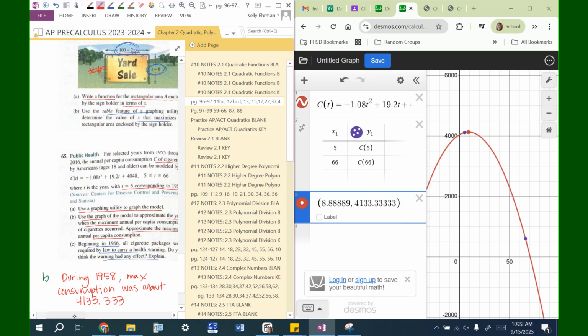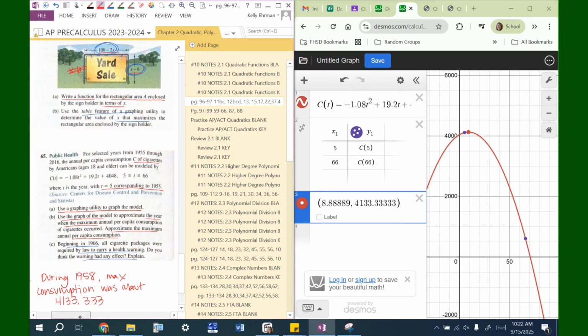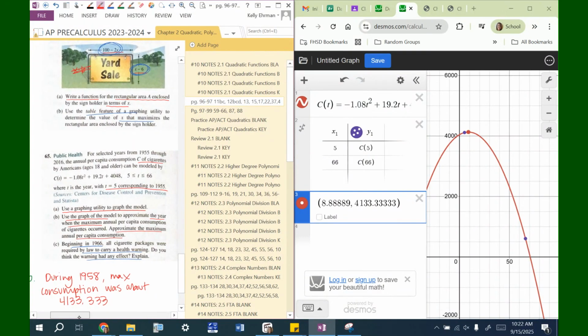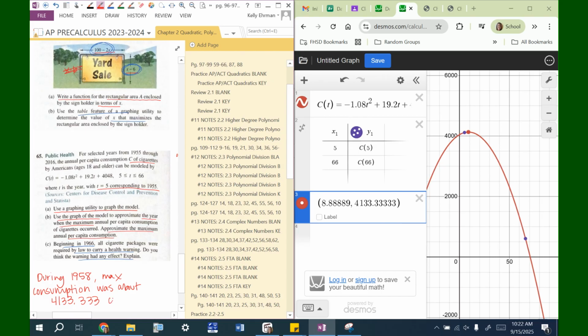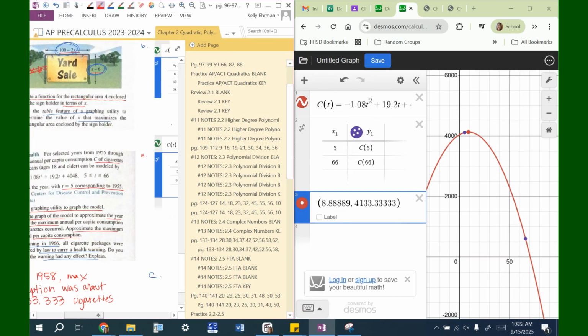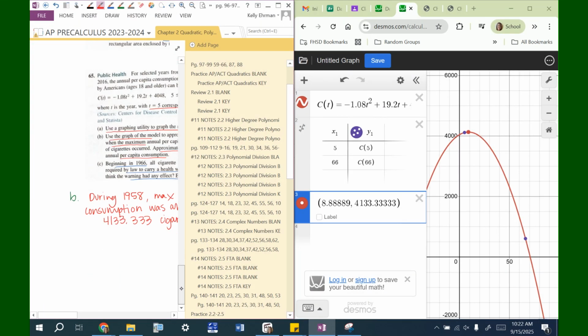We're labeling that in cigarettes. Let's see, annual per capita consumption. So cigarettes. I'm just going to write that down, I guess. Annual per capita consumption.